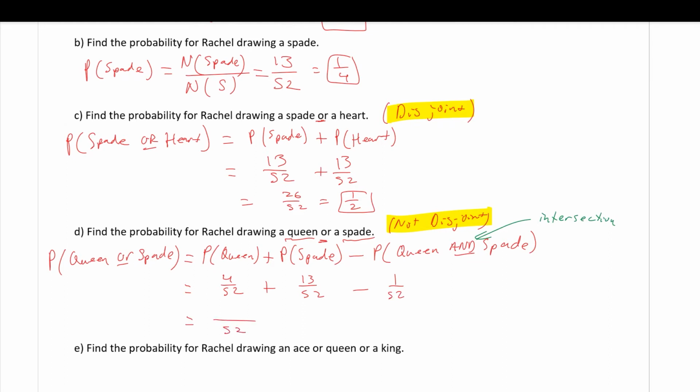All right, if you were to add 4 plus 13 is 17, minus 1 gives us 16. And of course we can reduce this down. I'm running out of space here, but if you divide both top and bottom by 4, you would get 4 over 13. 52 divided by 4 is 13. Okay, so that is the probability of getting a queen or a spade.